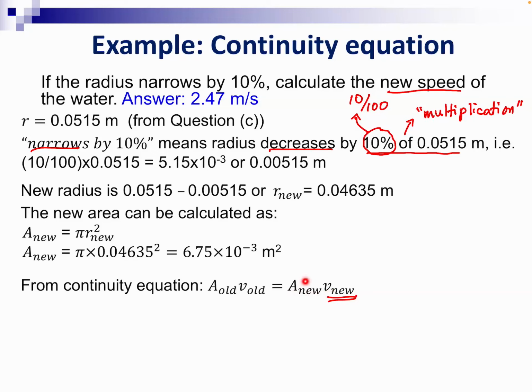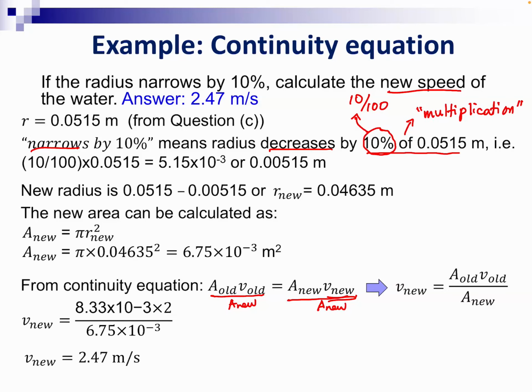So the speed is being multiplied with the cross-sectional area. So like before, if we divide both sides by A new, then we isolate the new speed, right? Yeah, so again, this is a superscript minus 3.